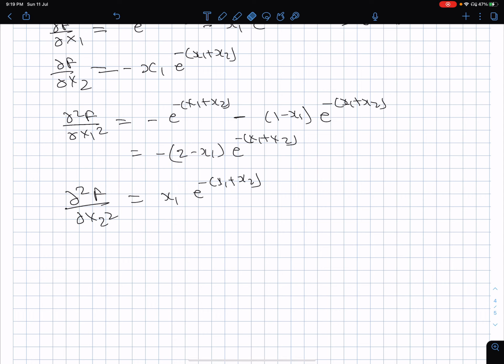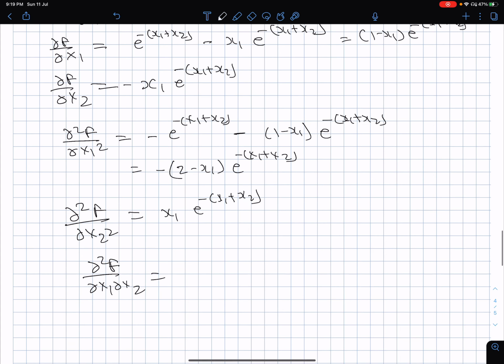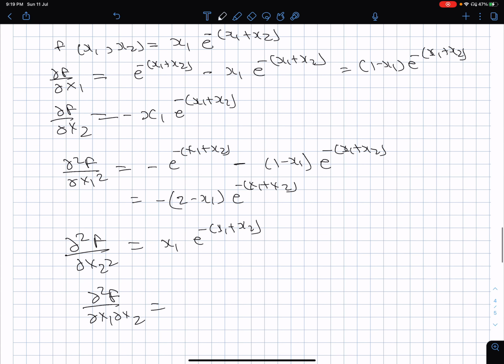And now finally we have to calculate one off diagonal term, which is basically you take any of the two whichever expression, either this you take and take derivative with x2, or you take this derivative of x2 and then take its derivative with respect to x1. Any one of the two will do. So I am going to take the first one because I prefer this form of it.